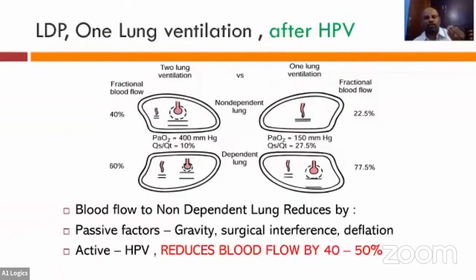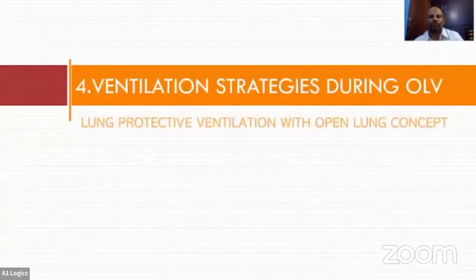So the blood is going to come down to the dependent lung. How much? The 40% fractional blood flow, with a 50% reduction, has come down to 22.5%. Still, some amount of blood is flowing through the non-ventilated, non-dependent lung. So you have to remember that there is still a shunt fraction there, even if there is a good amount of HPV that occurs after lung deflation.